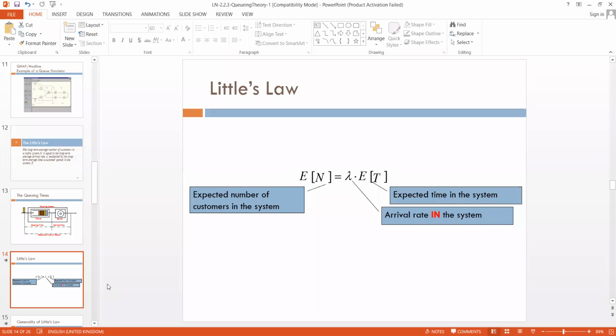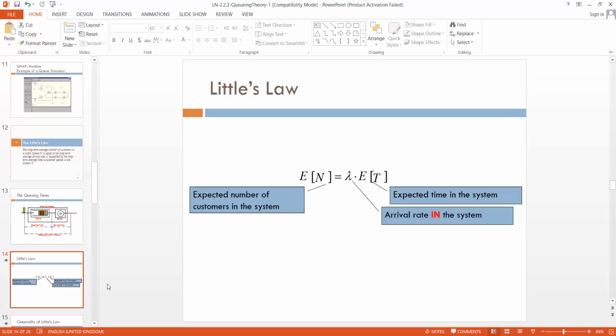So the expected number of customers in the system is equal to lambda times the expected time in the entire system. If you want the number of customers in the long run in any system, it's just equal to the arrival rate times the time. So how many people are arriving and how long have they been in the system? Let's say people are arriving at one person every minute, and I ask you to find how many people are in the system after 30 minutes.